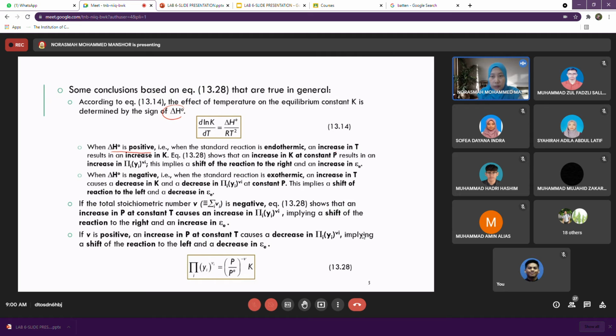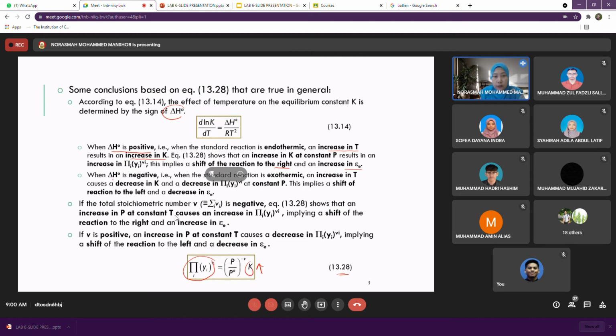So an increase in temperature will increase the equilibrium constant K. So from this equation 13.28, when K increases at constant P, it will result in increase of this term. So the reaction will shift to the right and increase the value of the reaction coordinate. So the composition Yi will be increased.